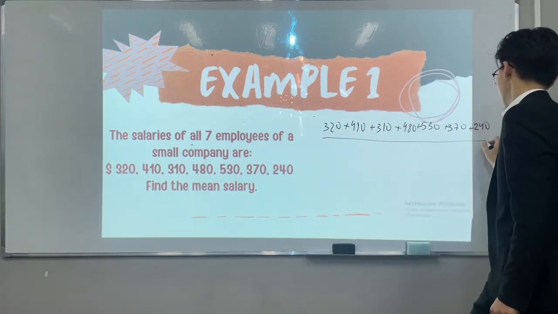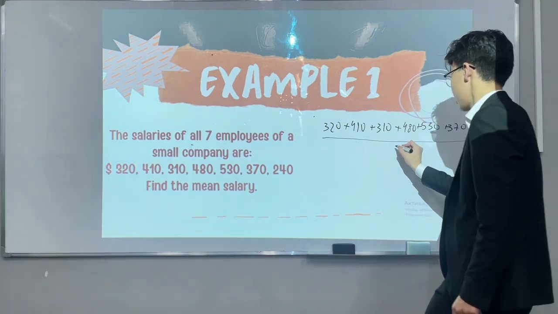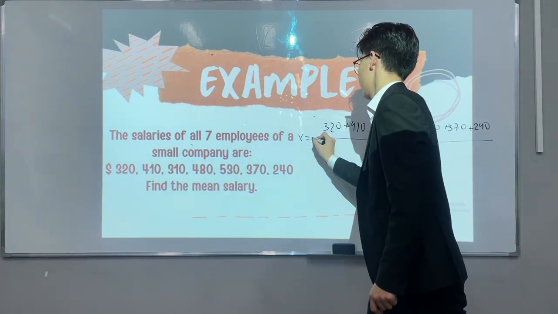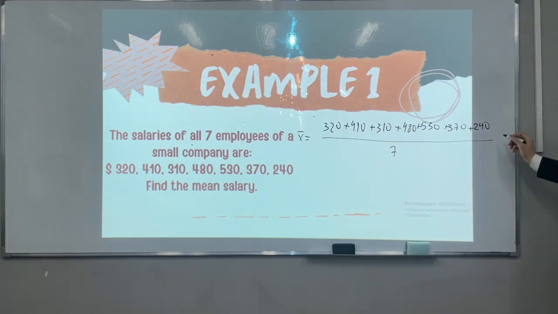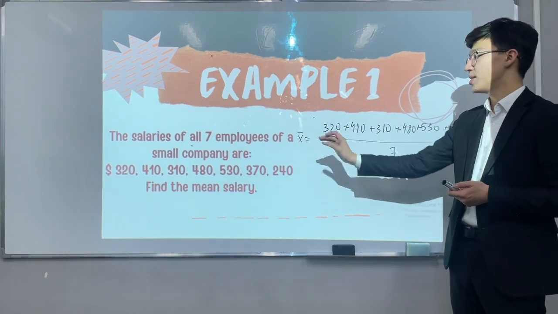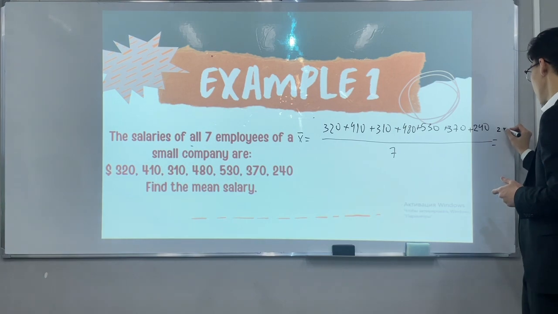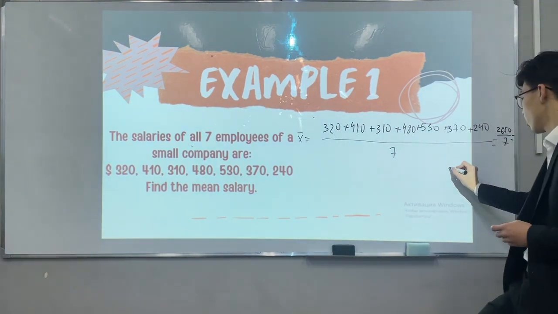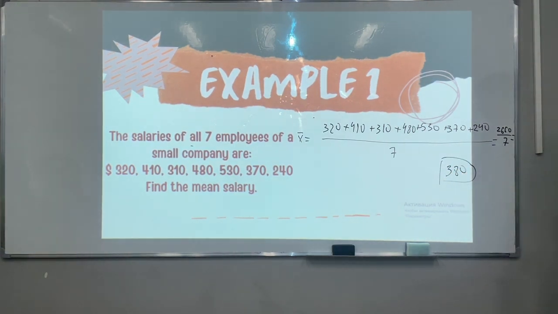That's divided by, as I said, we have the 7 numbers, and here we can write our average value is equal to... The average value of all salaries of 7 employees will be equal to 18 divided by 7, and that's equal to 18, and that is our average value.